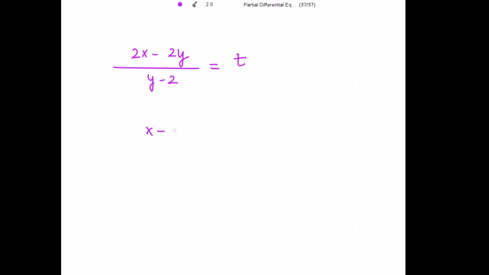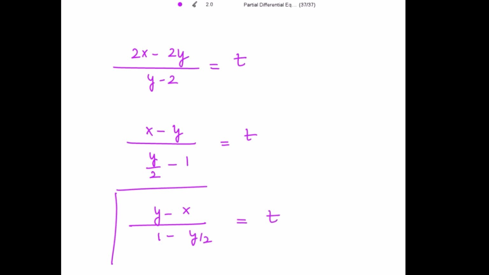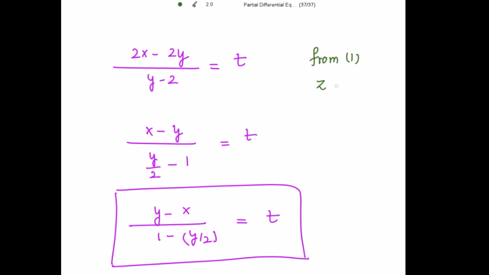If I take 2 common from the numerator and also from the denominator, we get in the denominator y minus 2 minus 1 equal to t, or it can be written as (y minus x) divided by (1 minus y divided by 2) to be equal to t. So we are getting the value of t to be (y minus x) divided by (1 minus y by 2), right? So from 1 we have z equal to (t plus mu) divided by 2.